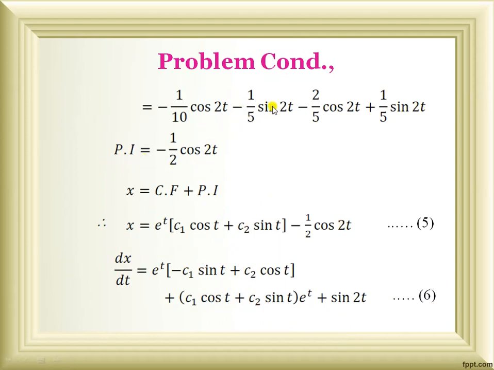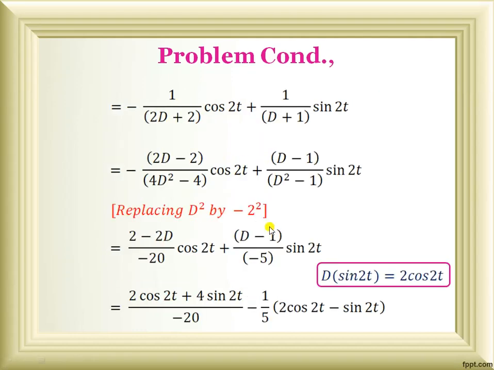So after simplifying this, minus 1 by 5 sin 2t plus 1 by 5 sin 2t get cancelled, and minus 1 by 10 times, here minus 2 by 5 times. Taking LCM 10, that becomes minus 4, minus 1 minus 4 is minus 5 by 10, minus 5 by 10 is minus 1 by 2 into cos 2t. This is our particular integral.